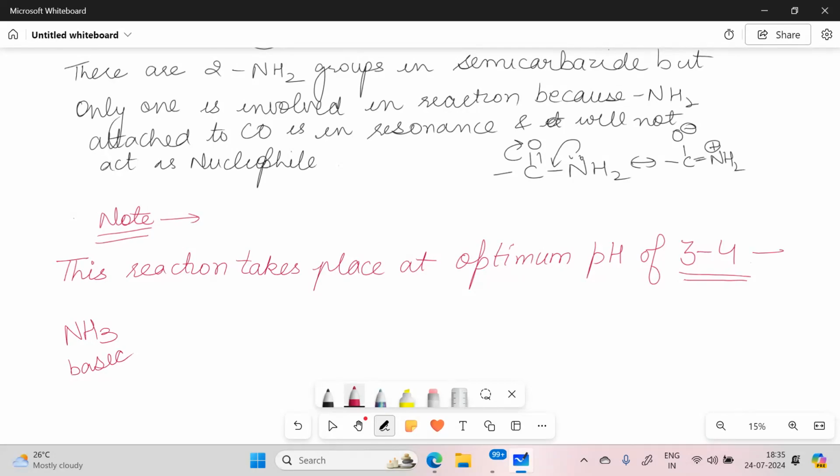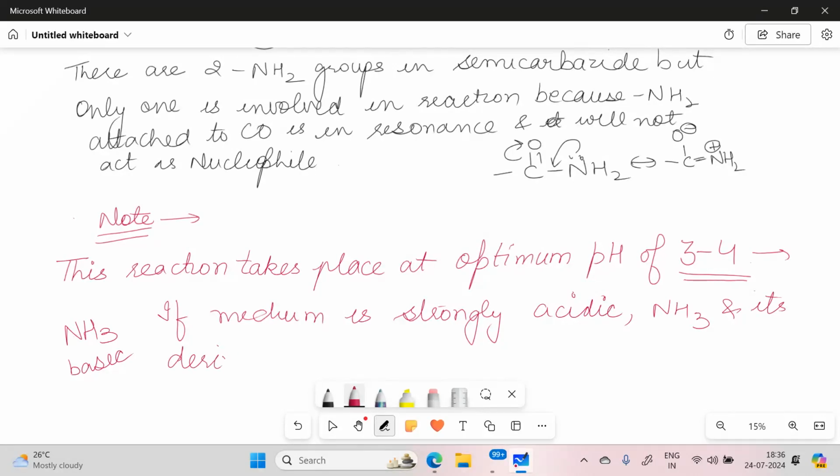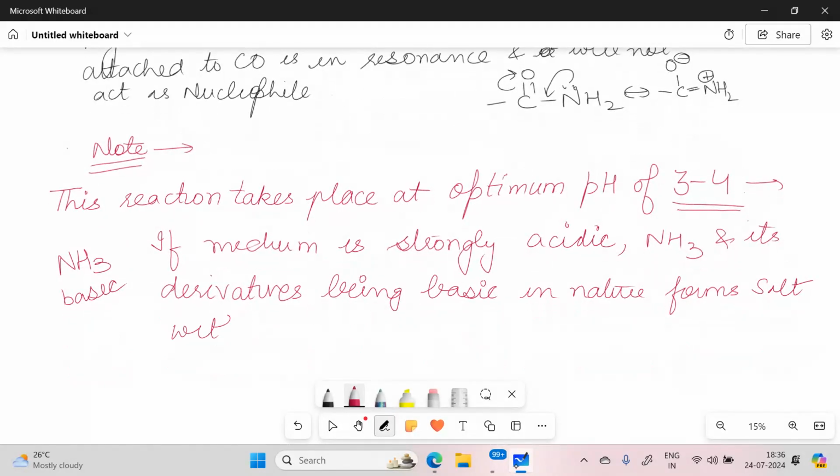So you have to just write, if this question comes: if the medium is strongly acidic, ammonia and its derivatives, being basic in nature, form salt with H plus and hence will not act as a nucleophile.